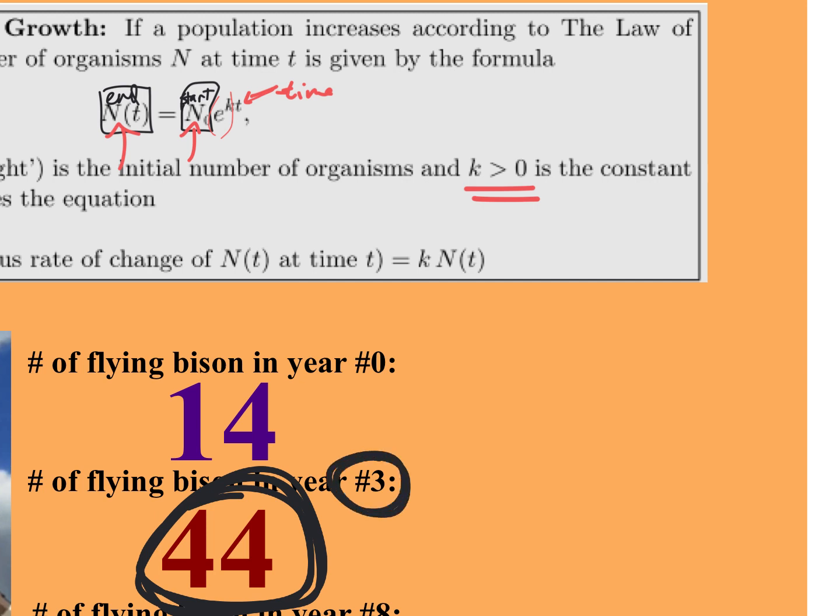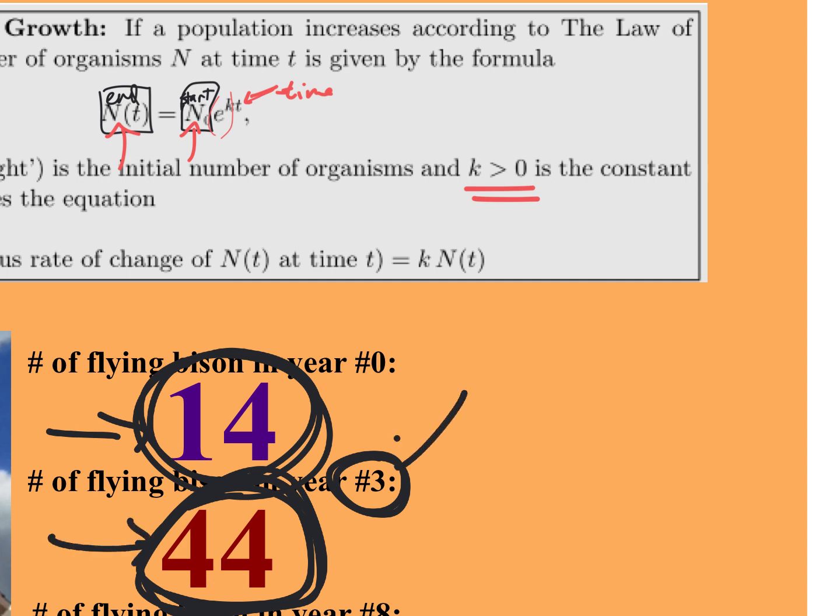So they told me the time, the ending value, and the starting value. Can you use all those pieces and put them in that formula? Yes, you can. And then can you solve for k? I hope so. Would you please work with your partner to put this in somewhere, that in somewhere, and then solve for k? Pausing while you try that.